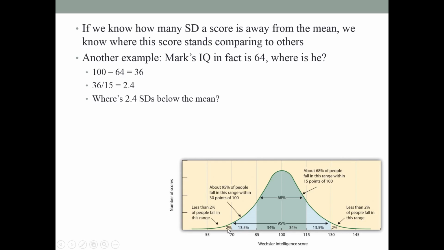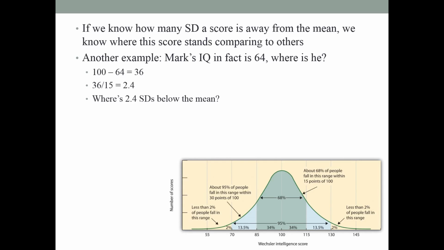But we have some extra, 0.4. I guess we can eyeball it, let's just say maybe another 1%. So it's about 98.5%, maybe. So 98.5% of people do better than Mark.